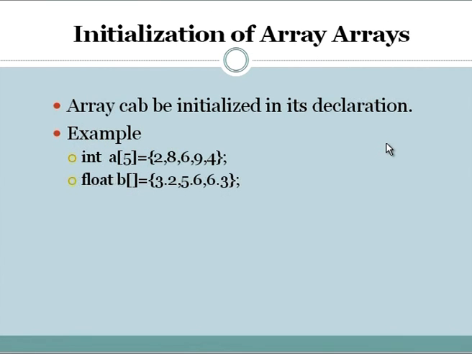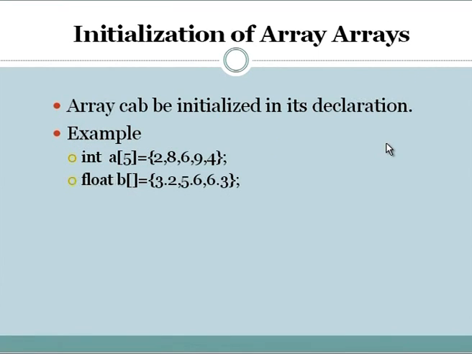Similarly, the next example is declaring an array with the name B, data type float, and there are some values which are used in the initialization of the array.